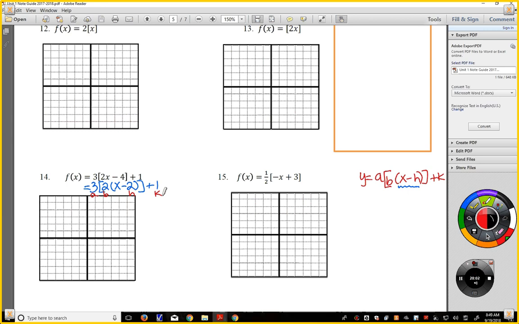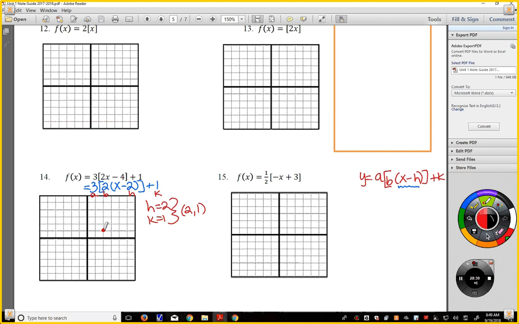But now our graph has been shifted 2 to the right, because H is positive 2, even though it says x minus 2, right? And then 1 up. So given that H is 2 and K is 1, I'm going to have a new starting point for this step function at 2, 1. So 2, 1 is going to be my starting point rather than 0, 0 because of shifting, right? The whole graph is being shifted.